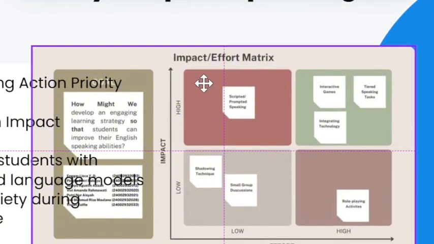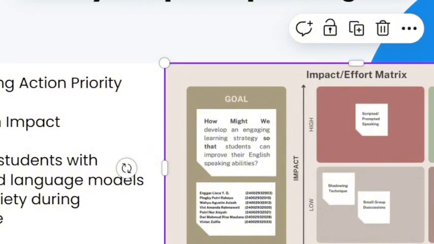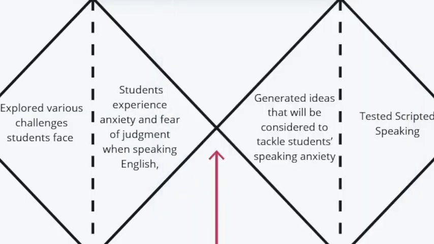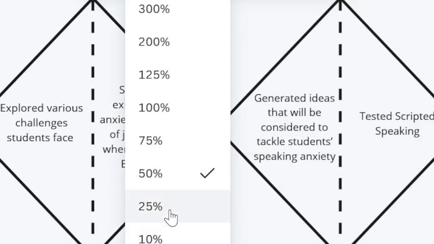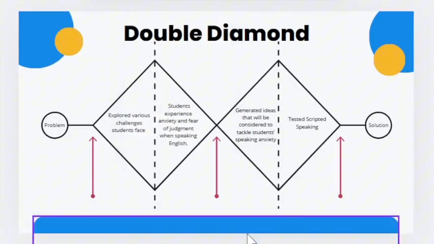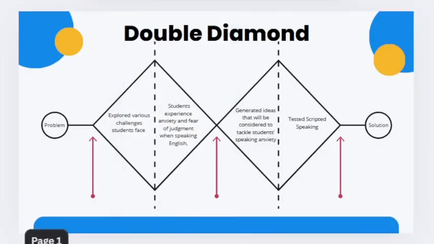Here we have around seven solutions, and after finishing with them, we decided on one solution that we need to focus on, which is the scripted speaking technique. The reason will be elaborated on the next slides. After we diverged the ideas, we started to converge them into one idea, which is scripted speaking.